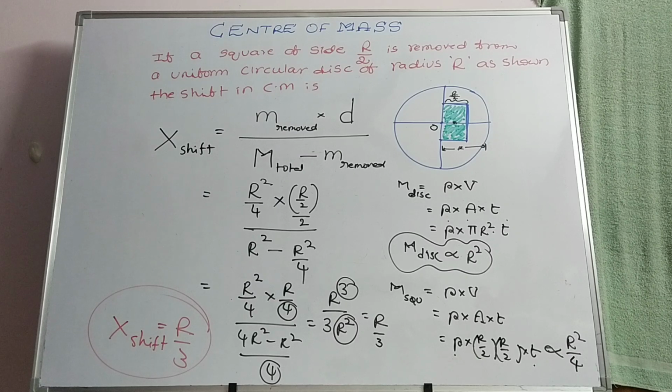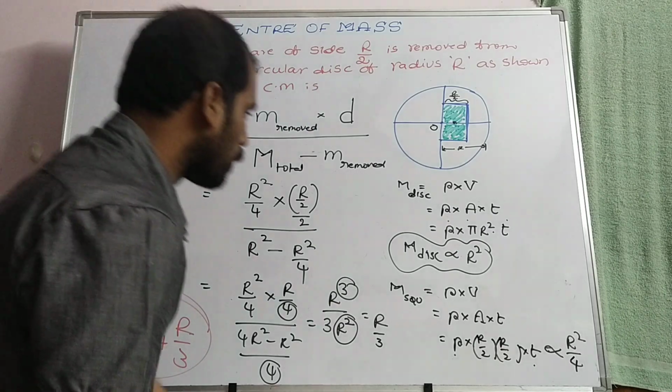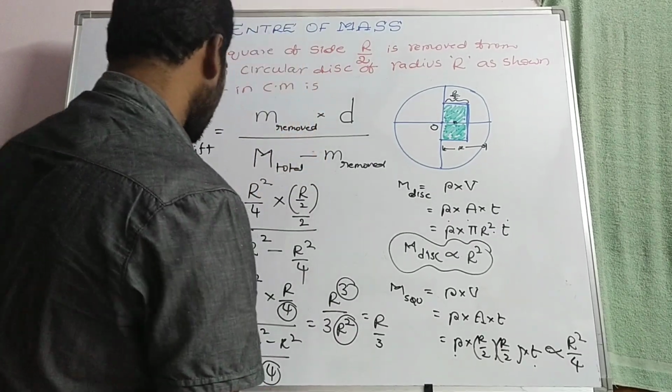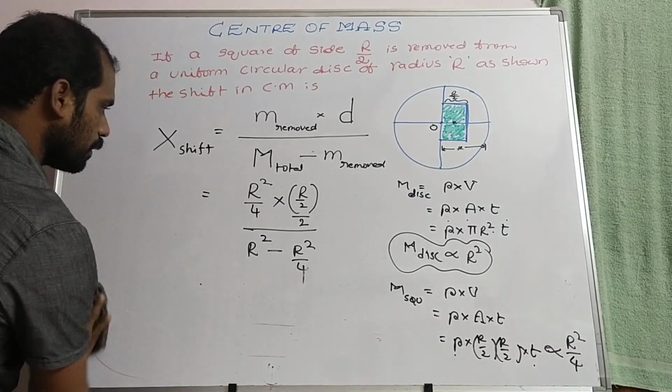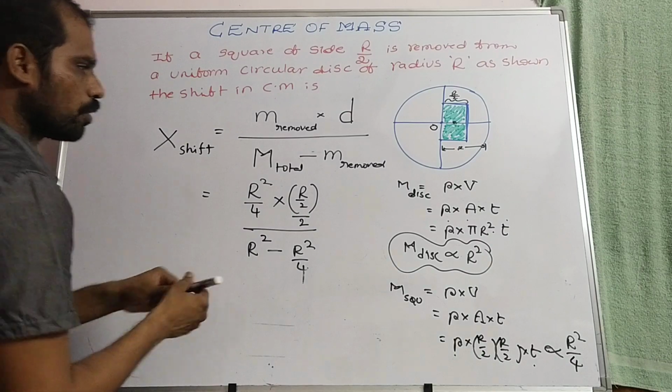But now here we missed pi. A small correction is needed, that is in the total mass.